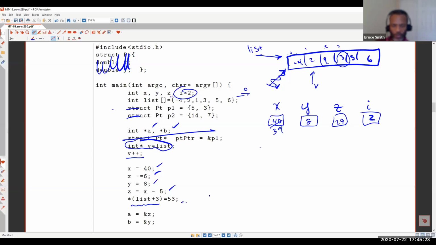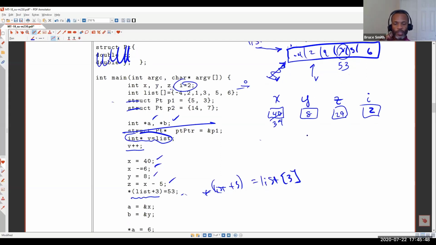List plus 3 is exactly the same thing when you dereference it as list sub 3. So it's really just checking to see if you've looked at how we work with pointer notation. List sub 3 equals 53, so it changes that to a 53. And we're almost done with this one.